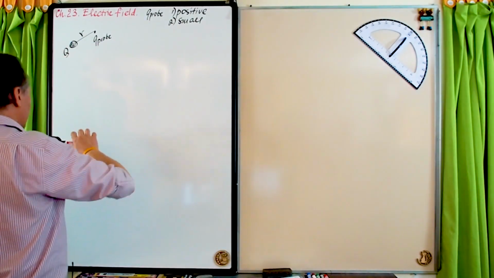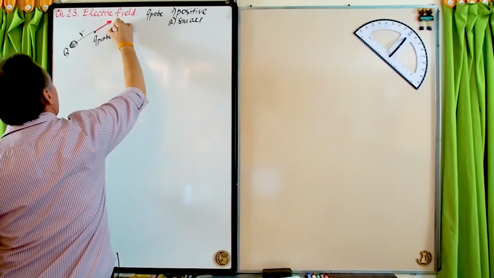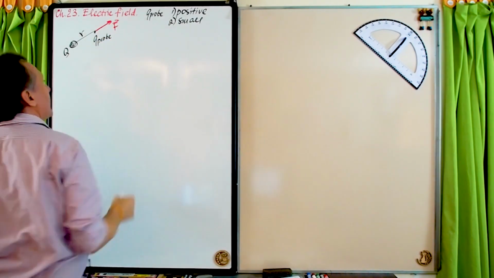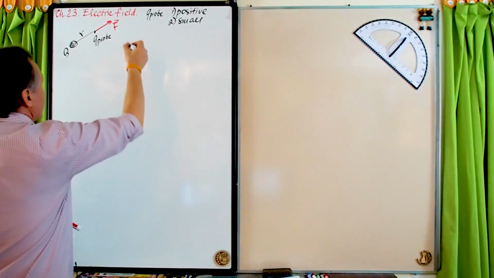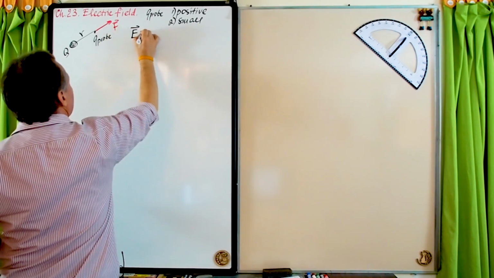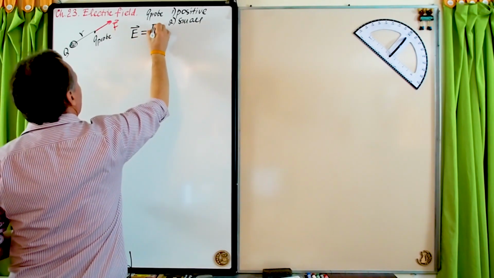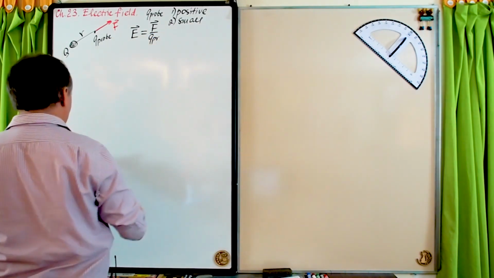And then what we do is measure the electric force F acting on the probe charge, and then divide it by the value of the probe charge. So that's how we introduce the electric field. By definition, the electric field is the force acting on the probe charge divided by the value of the probe charge.